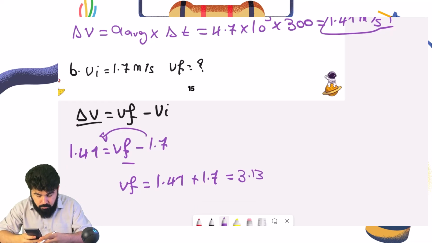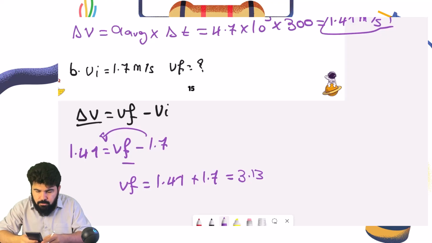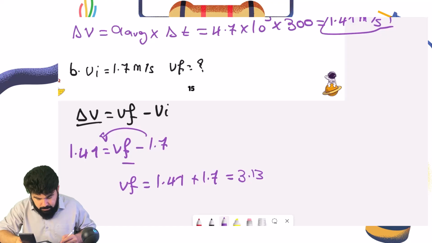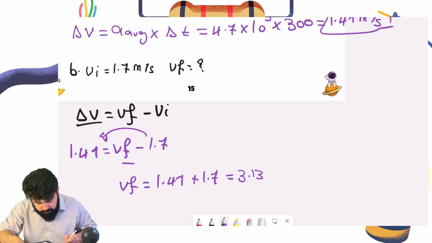Let's check. 1.41 plus 1.7, we have 3.11. Okay, so 3.11 meters per second.